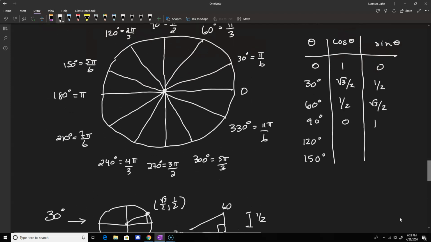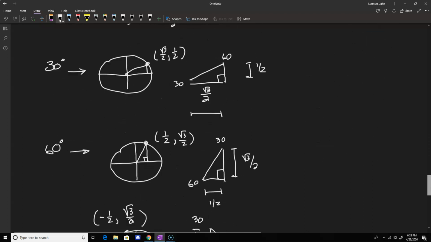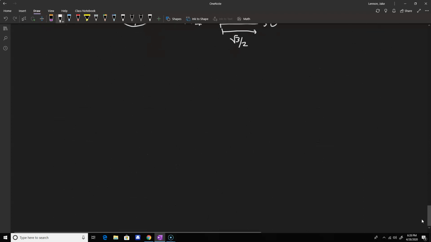So let's fill those in. For 120 degrees, the cosine was negative 1/2, and the sine was square root 3 over 2. And for 150 degrees, the cosine had the longer x component, negative square root 3 over 2, and the sine was the shorter 1/2. So that's quadrants 1 and 2, and I encourage you to try and finish quadrants 3 and 4. Again, this is just the case for our special triangles.